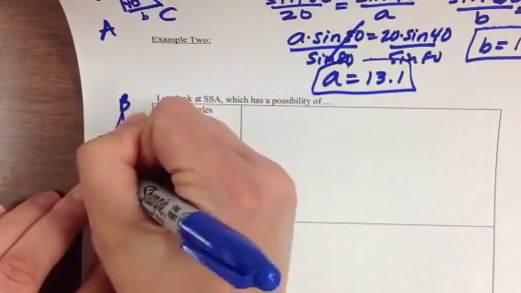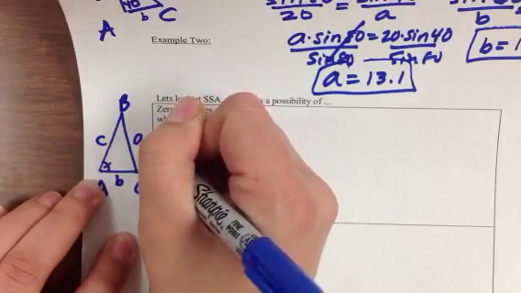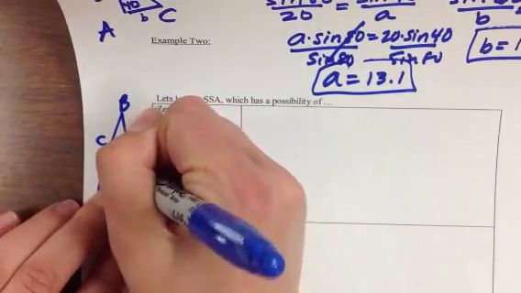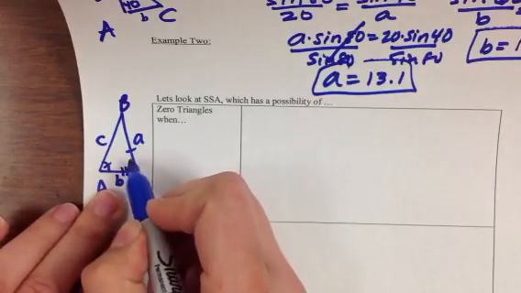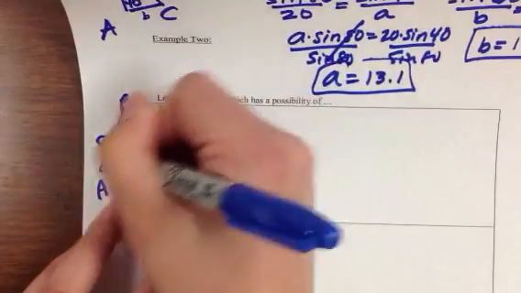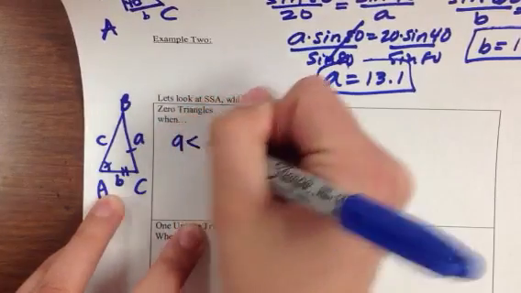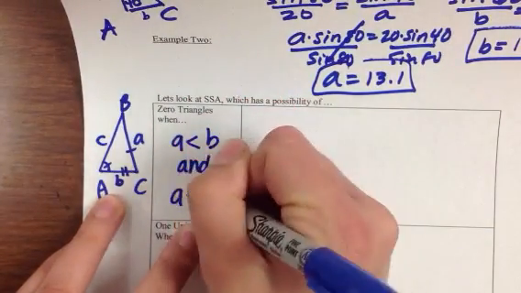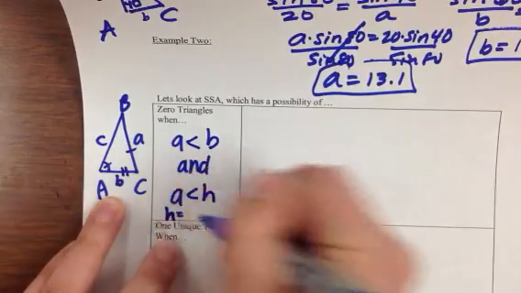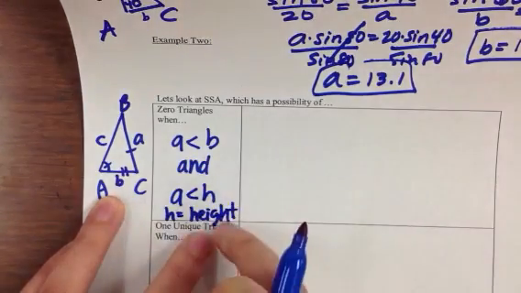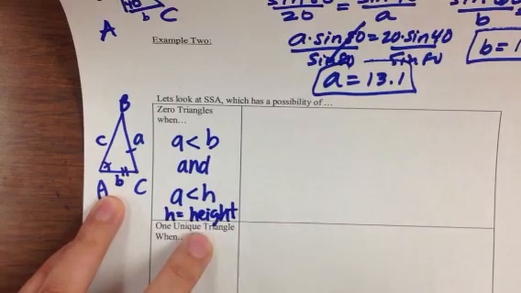So saying I know an angle A, I have the opposite side, and I know side B. So if I know A, and if A is less than B, and A is less than the height, H, the height of the triangle, then I'm going to have 0 triangles.